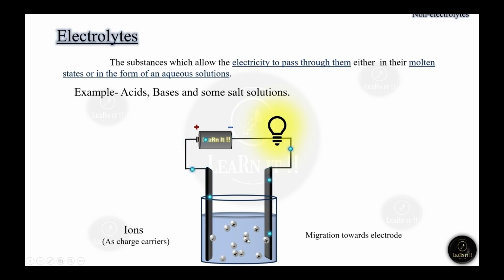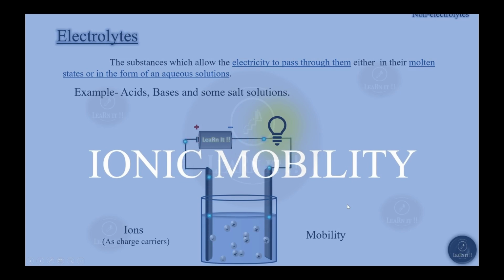The cations move towards the electrode connected to the negative terminal, and anions move towards the electrode connected to the positive terminal of the battery. This migration of ions towards the electrodes is called mobility of ions.